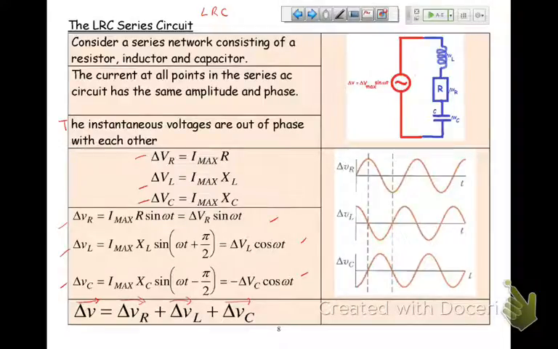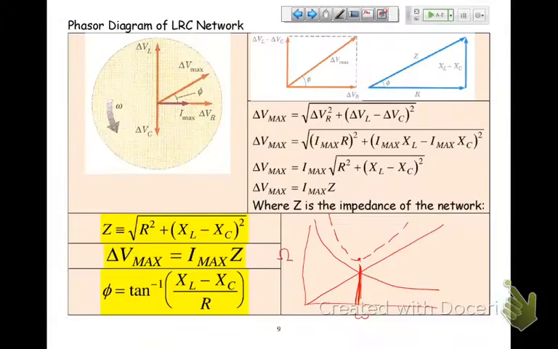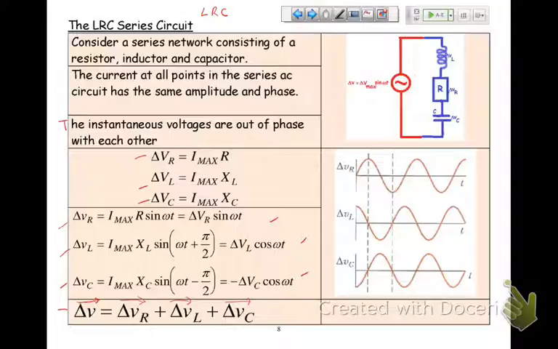So I'm talking here about the time varying voltages. This here, I think of as your potential difference, which is the same as your EMF, if you like.